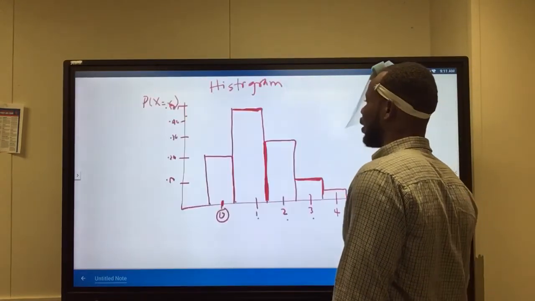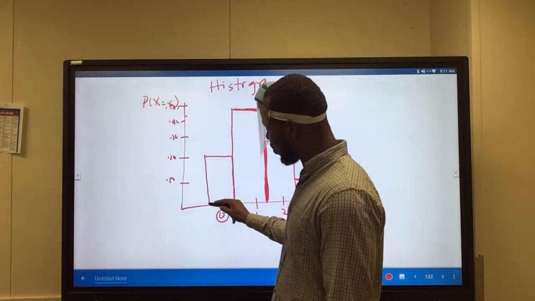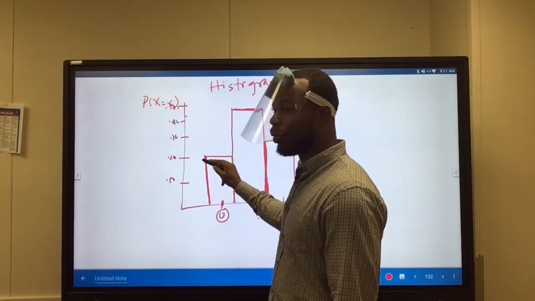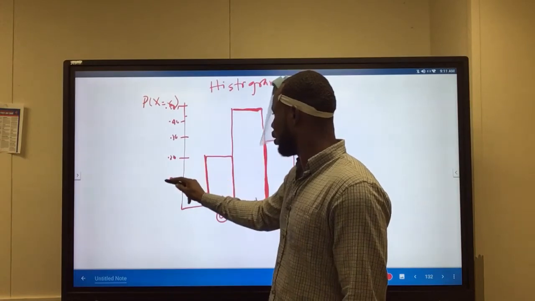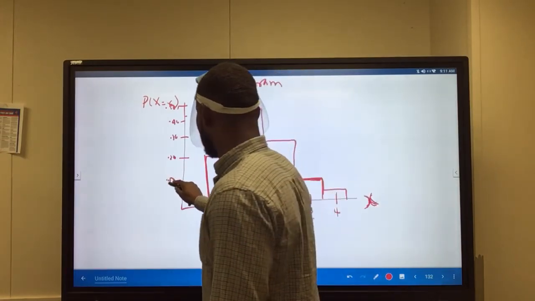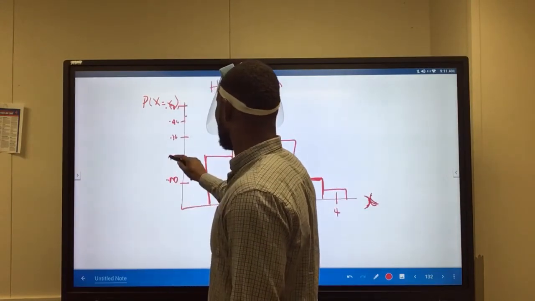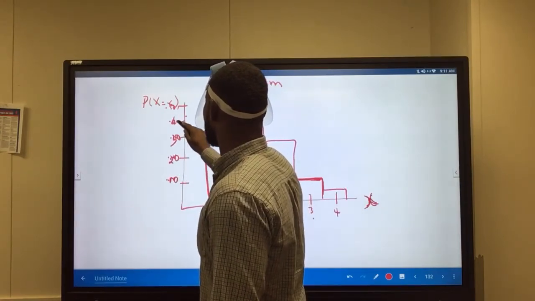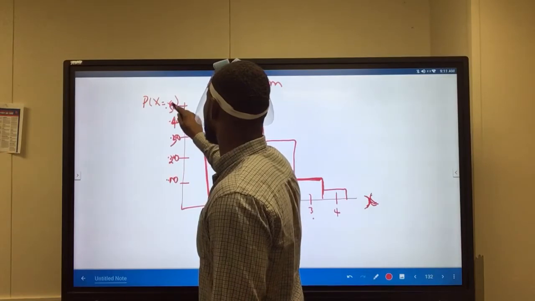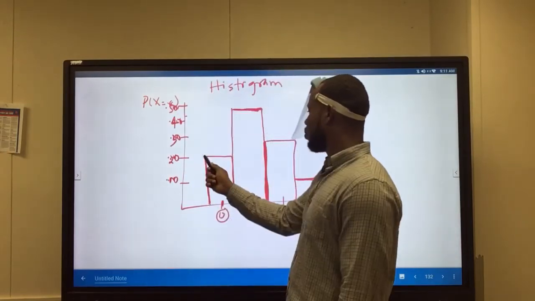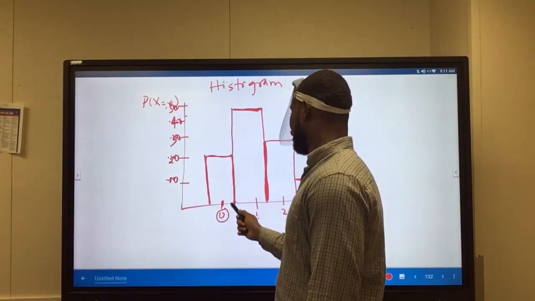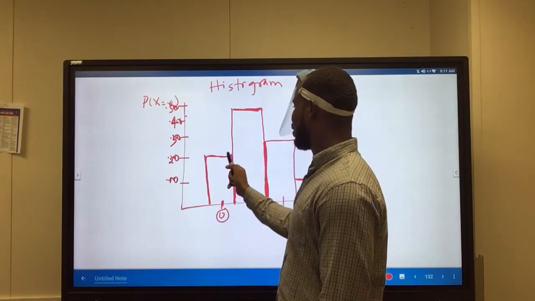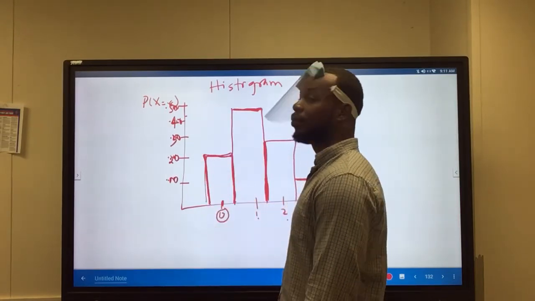So if you look at the histogram, I started from the middle here and go all the way to 0.2. This is 0.1, this is 0.2, this is 0.3, and so on. So 0.2 is for the first family.